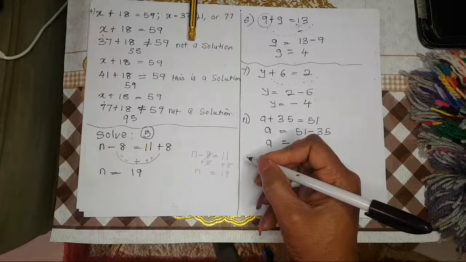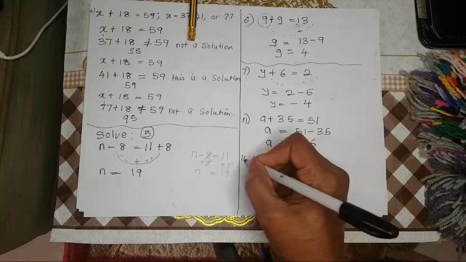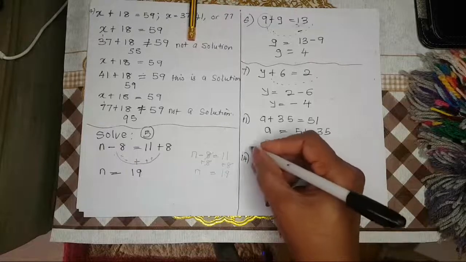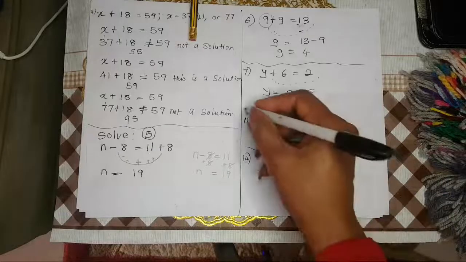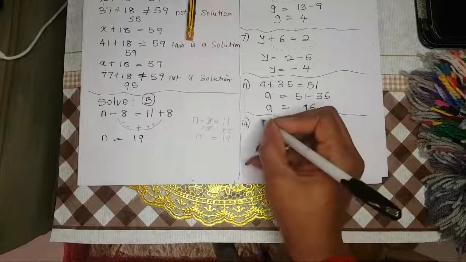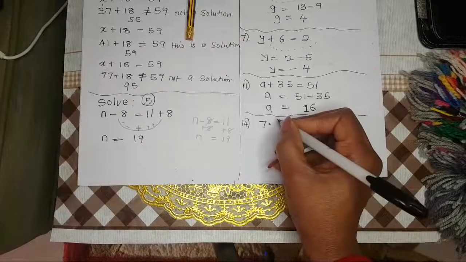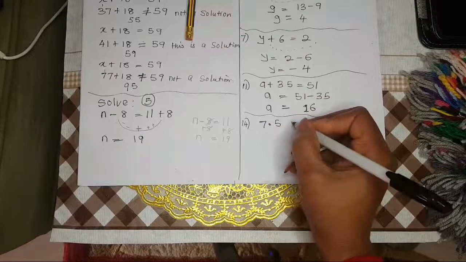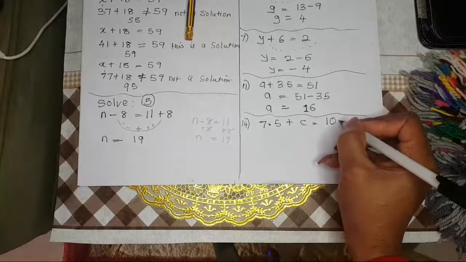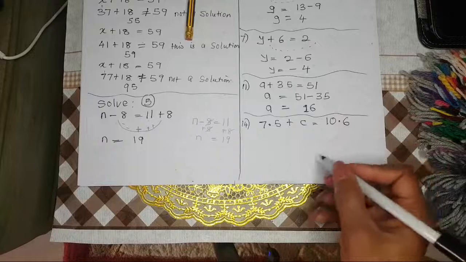We're doing too much addition. So here we're going to do this decimal. Question number 14 has a decimal in it, which is a bit different. You have 7.5 plus C equals 10 plus 0.6.